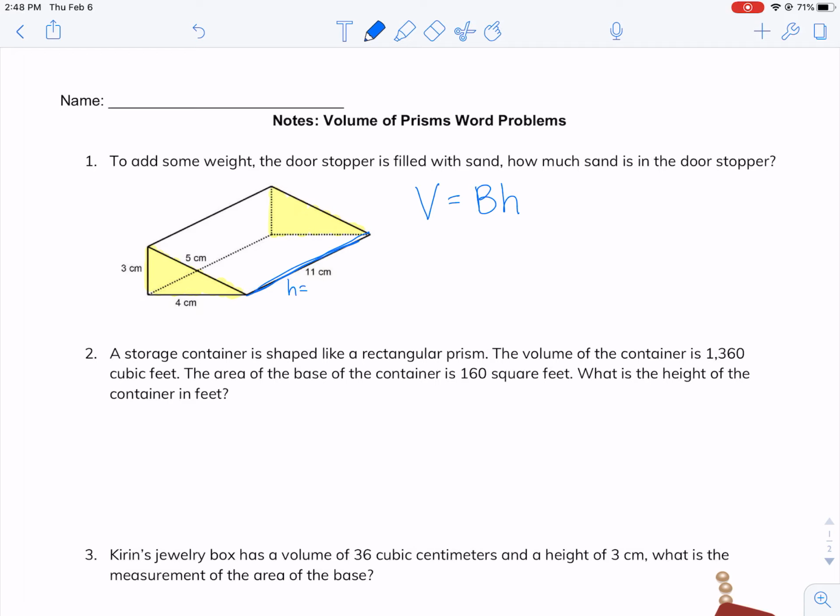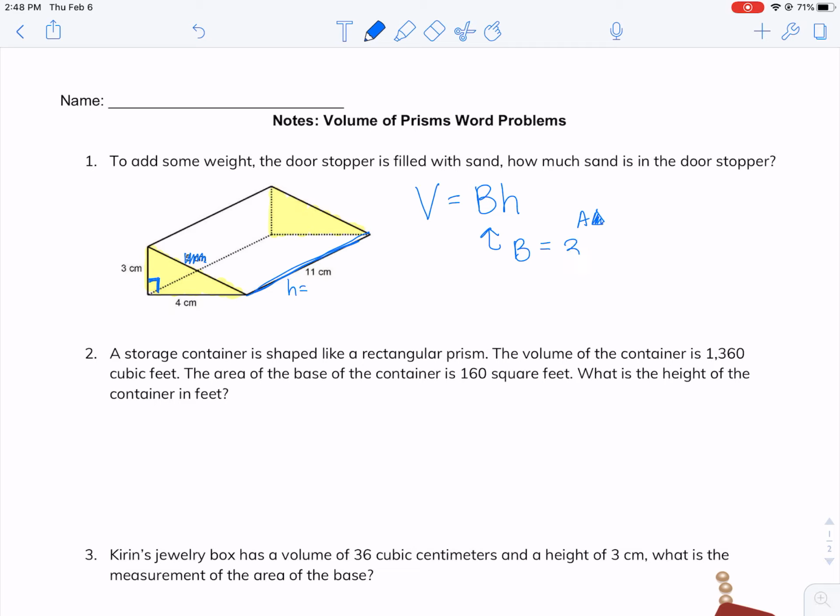So we would figure out the area of the triangles, and I know that the right angle is right there, meaning the 3 and the 4 would be the numbers that we will need in order to figure out the area of the triangle.